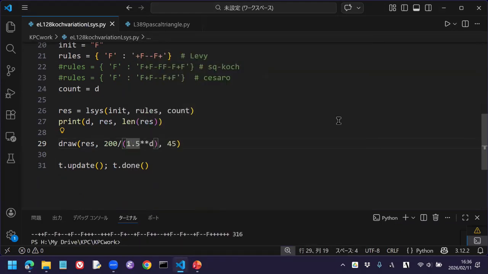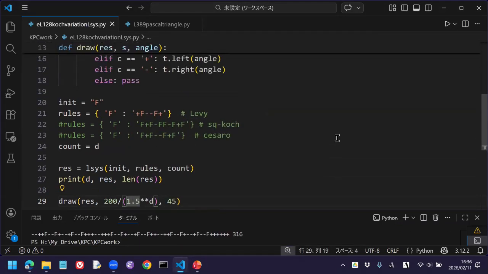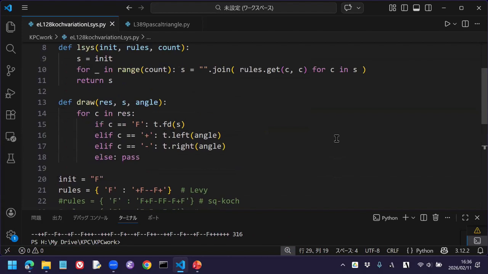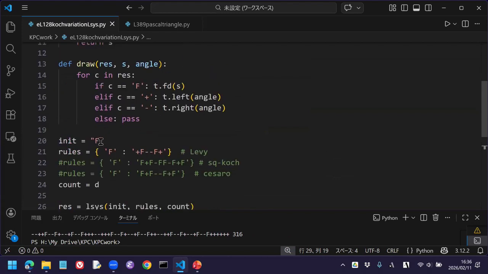Okay. So here again, we can connect two Lévy curves by turning 180 degrees between the two, upper side and downside.